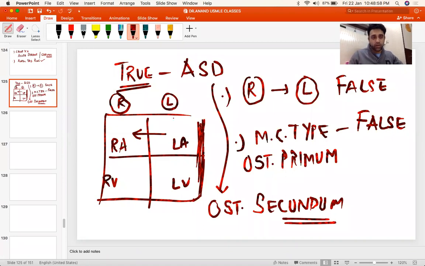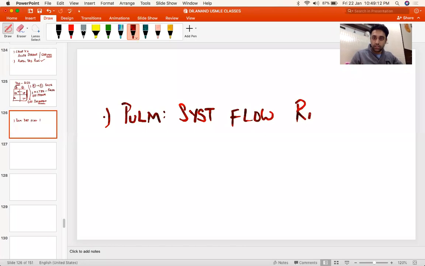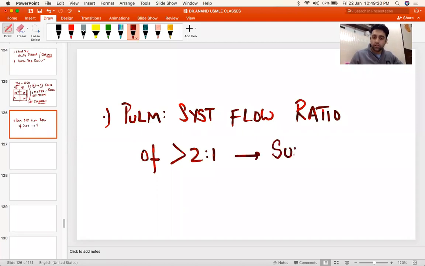That is a very important, very basic question. Recently they have asked it also. And one more: a pulmonary to systemic flow ratio of more than 2 to 1 is an indication of surgical closure.